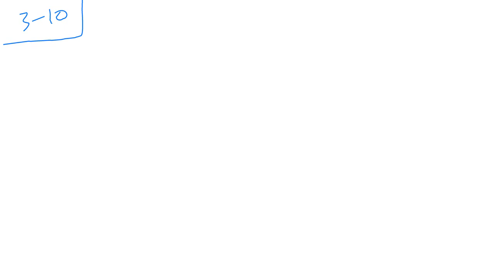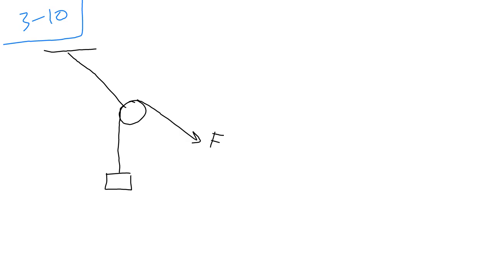It looks like this. Okay, so that's our pulley. There's this force here. It says this block has a weight of 20 pounds. This block here has a weight of 20 pounds.